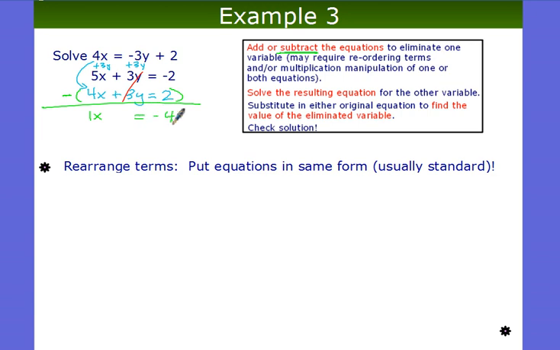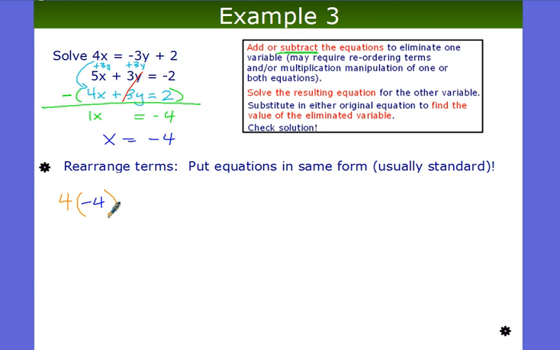After that, I look to solve for that equation. I really don't need to do any solving because 1 times x is just x, so x equals -4. My next step is to substitute that -4 into either of the original equations. It doesn't matter which one you do, they're going to get you the same y. I'm just going to choose the first one, the original, not the rearranged equation.